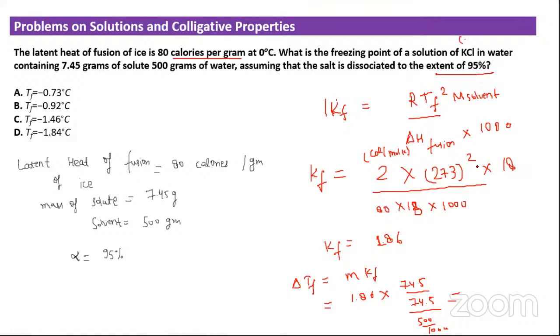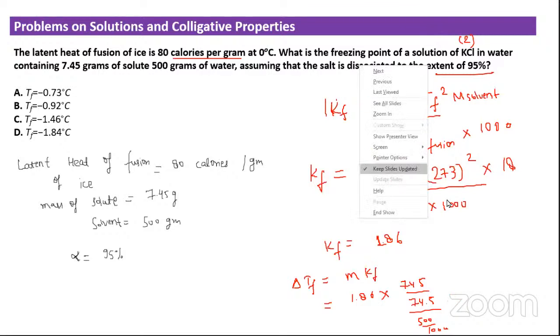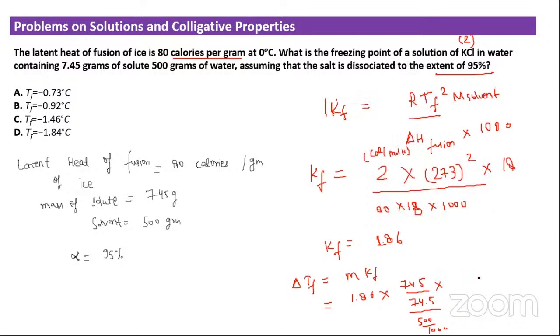KCl will give out 2 ions, so we have to multiply it by 1 plus alpha, right? So into 1 plus alpha और 1.95. तो ये आना चाहिए, let me just solve it, ये आएगा 0.73 डिग्री सेल्सियस. Okay, yes obviously, very good, option A is correct.